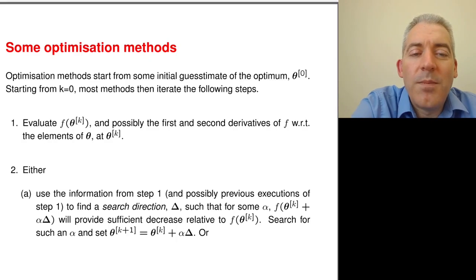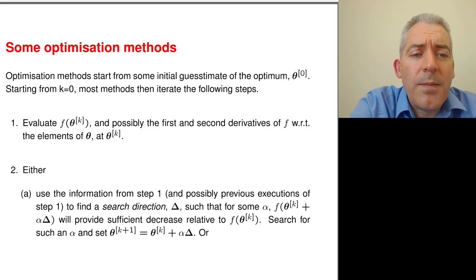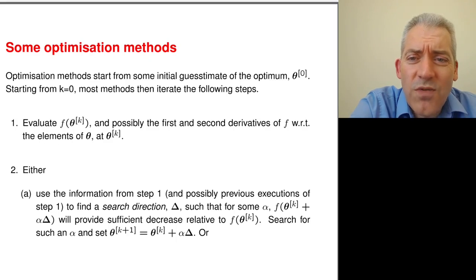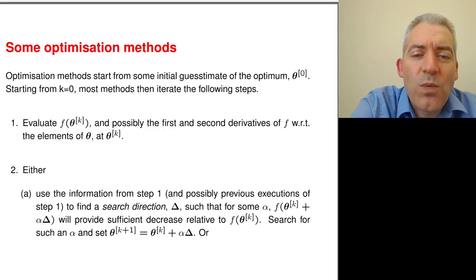Okay, so lots of methods make use of gradient information. So now what do you do, given that you've got some information about f? Well, you're going to use that information to probably define a search direction. Okay, and so that might be downhill, or it might be something a bit more subtle than that. And then you're going to move in that direction.